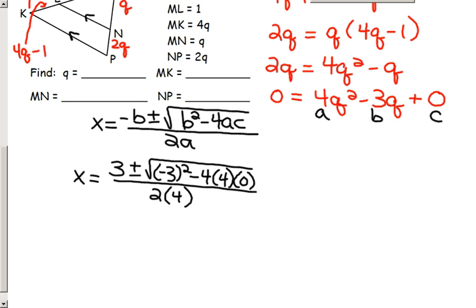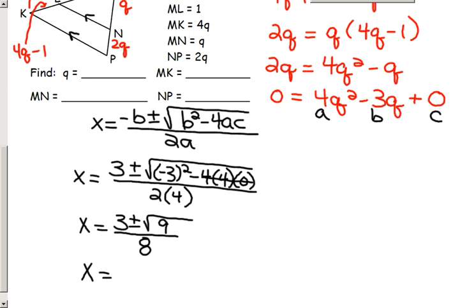So x equals the opposite of b, so positive 3, plus or minus the square root of negative 3 squared minus 4 times 4 times 0, all over 2 times 4. So begin simplifying. We'll have x equals 3 plus or minus the square root of, the second part of the discriminant cancels out because the value of c is 0. So all we have left is a 9 under the square root, all over 2 times 4, which is 8.